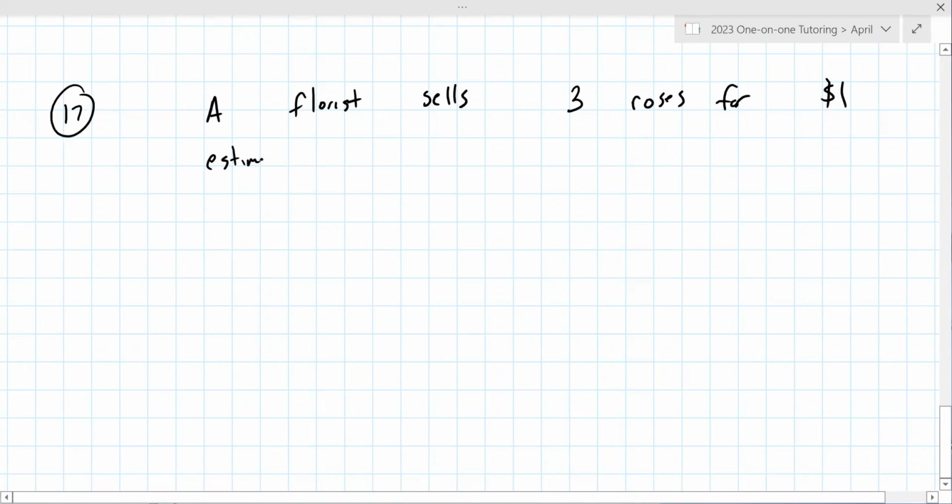Estimate the cost of 5 roses. And it also says to graph this. So maybe we'll do the graph first.